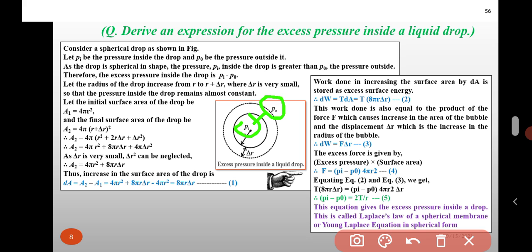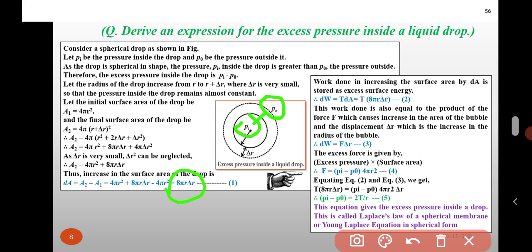Work done in increasing the surface area by dA is stored as excess surface energy, and therefore dW is equal to T dA. And here dA is nothing but 8 pi r delta r, and therefore dW is equal to T (8 pi r delta r).